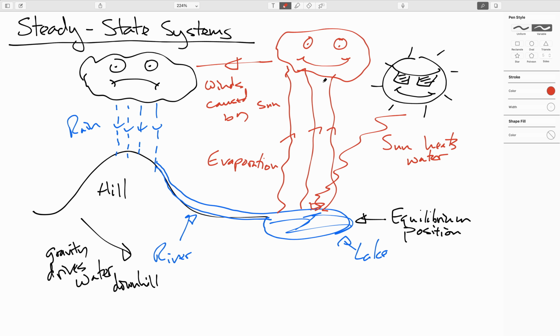This causes evaporation. So the thermal energy being provided by the sun is what is providing an energetic input to allow us to lift the water molecules from where they gravitationally want to be back up to where they gravitationally don't want to be. So we then form another cloud.